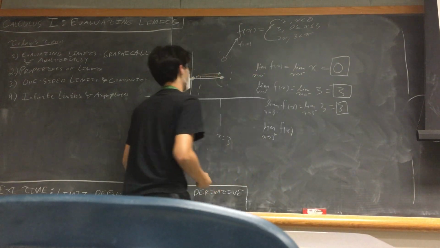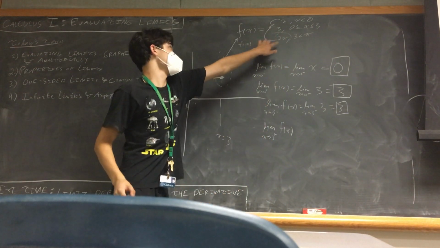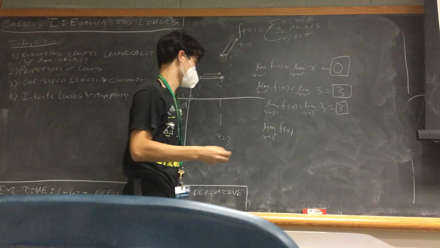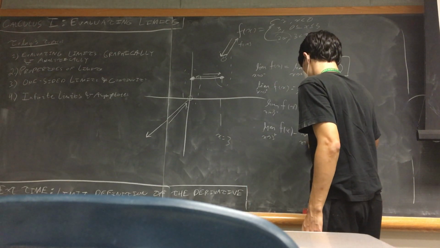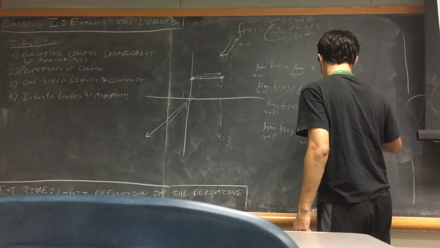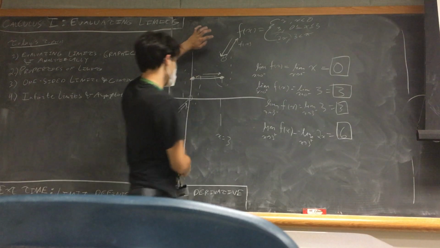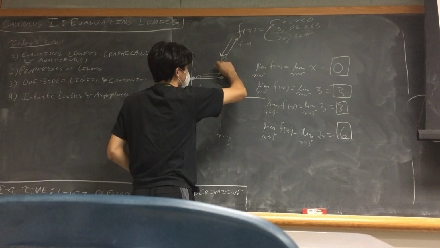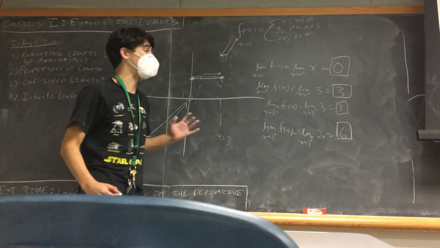From the right, we're looking at this part of the graph, where f of x is equal to 2x. The limit as x approaches 3 from the right of 2x is 6. Meaning, as we get closer and closer to 3 along the graph of 2x, we're getting closer and closer to y equals 6.